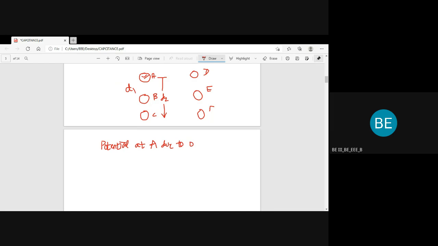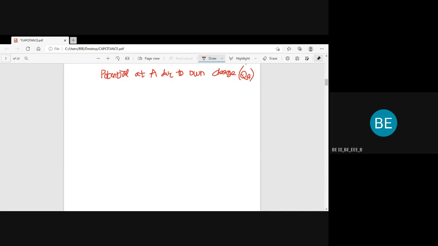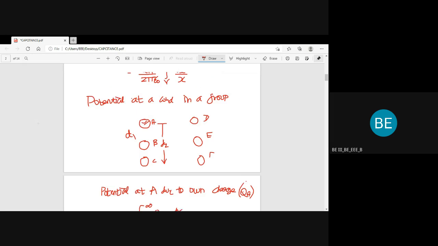So the potential at conductor A due to charge QA, we have already found out: the integration from R to infinity of QA divided by 2 pi epsilon naught dx. Right. So next is the potential at conductor A.